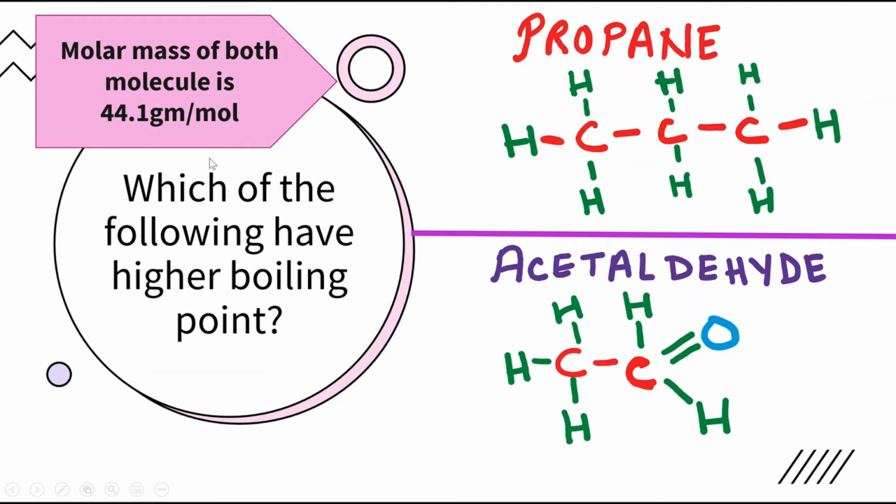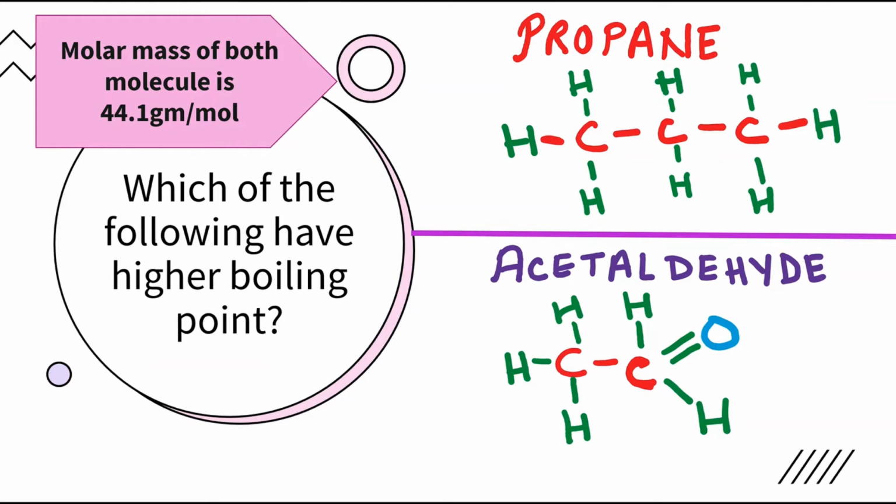Now, moments before we discussed that if a molecule has greater molar mass or higher surface area, it will have higher induced dipole and hence stronger London dispersion force, which in turn results in a higher boiling point.